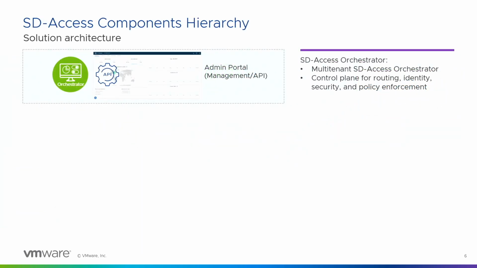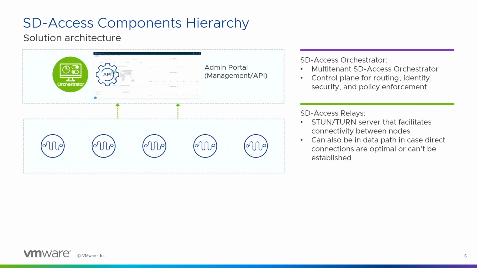So just to show you how these components are stitched together, see the SD-Access orchestrator. This is the management plane component of our solution, and this has complete API integration, so the configurations can either be done manually, or you can also use APIs to make all the required configurations for the users.